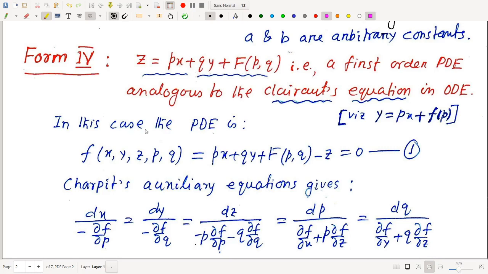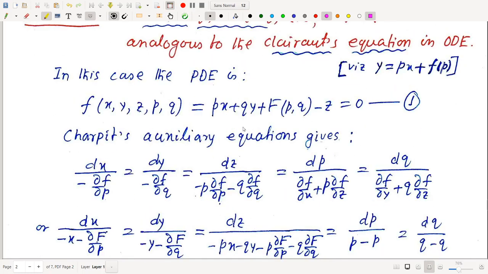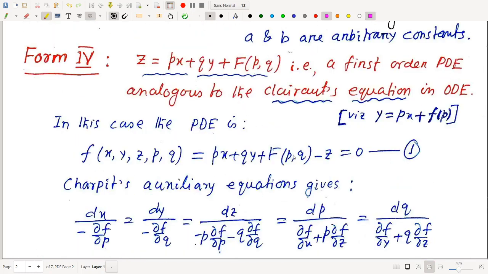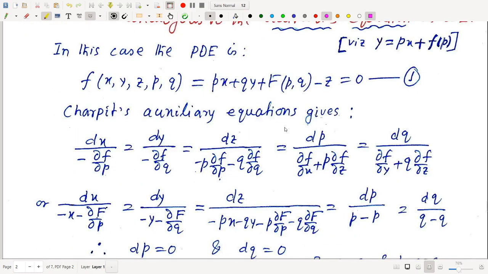Okay. In this case, the PDE is px plus qy plus f of pq minus z. This z we have taken to the right side, minus z equal to 0. So it is F of x, y, z, p, q equal to 0, number 1. Charpit's auxiliary equations give, as usual, the standard results. Now what is del F by del p here? This is f.